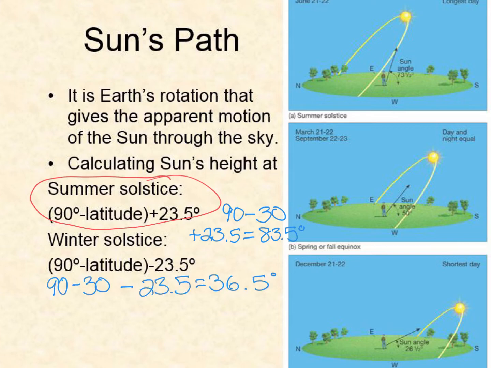In the winter, the first step is the same, 90 degrees minus our 30 degrees latitude, then subtracting the 23.5 degrees of tilt gives us only 36.5 degrees. Notice in New York in the winter, it's even smaller. The sun spends a much shorter amount of time during the day above the horizon, which is part of the reason why winter is colder than summer.